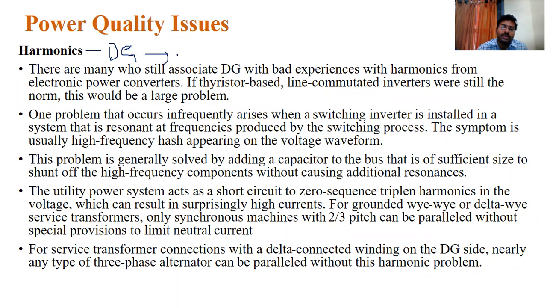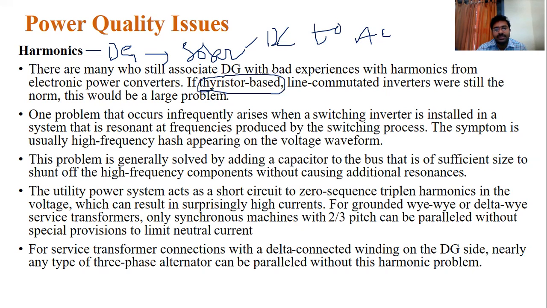The main source is solar. Solar is DC, so we want to convert it into AC.